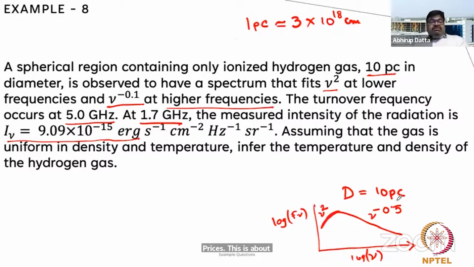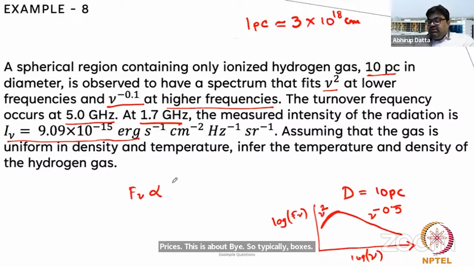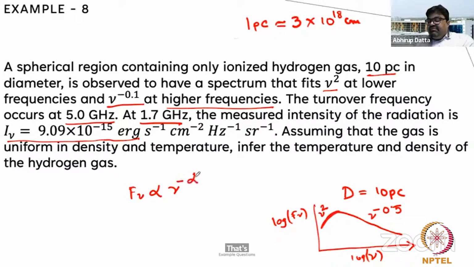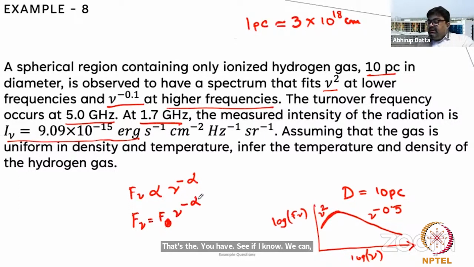Okay, so typically flux is proportional to frequency. For synchrotron radiation you have nu to the power minus alpha. So if I know fluxes at different frequencies, we can write F nu equal to a constant F0 times nu to the power minus alpha. So at the lower frequency, this behaves in terms of this. How do we go from here to there?